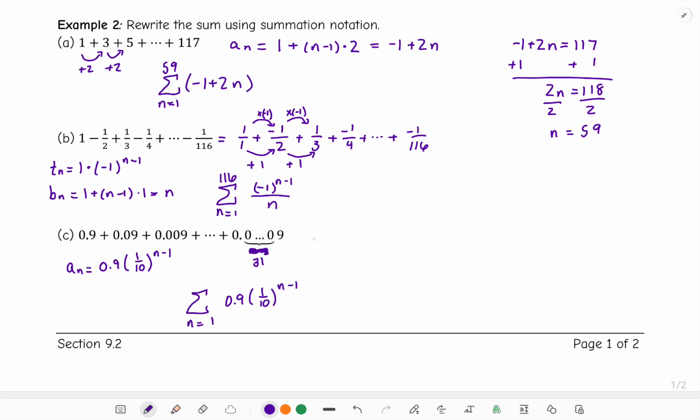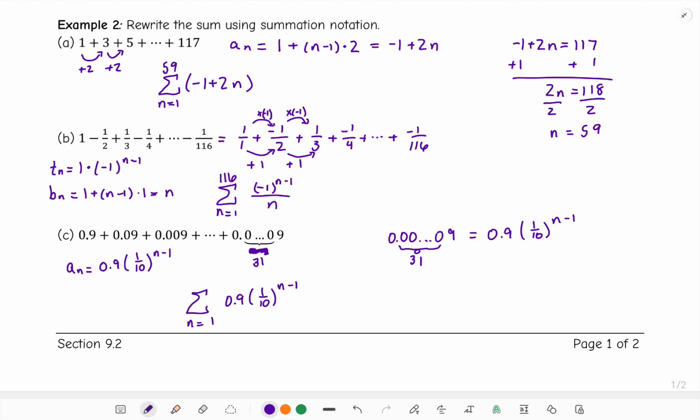So for this one, because there's 31 zeros here, and I want to figure out when it is equal to 0.9 times 1/10 to the n minus 1, I'm going to rewrite it in scientific notation.